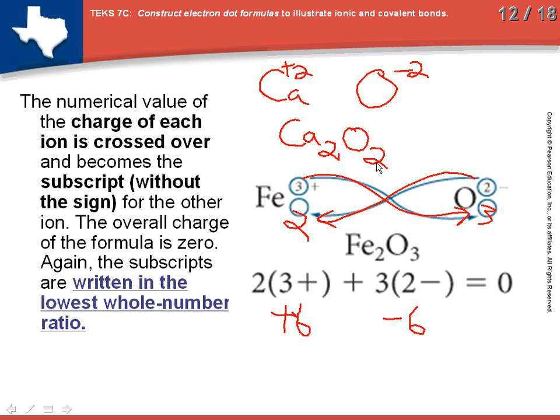But you can't leave it like that. Just like in math class, you have to reduce to the lowest value. You can divide both of those subscripts by 2, so they just become subscript 1. Notice you never write a 1 when writing a formula. It's only numbers greater than 1 that need a subscript.